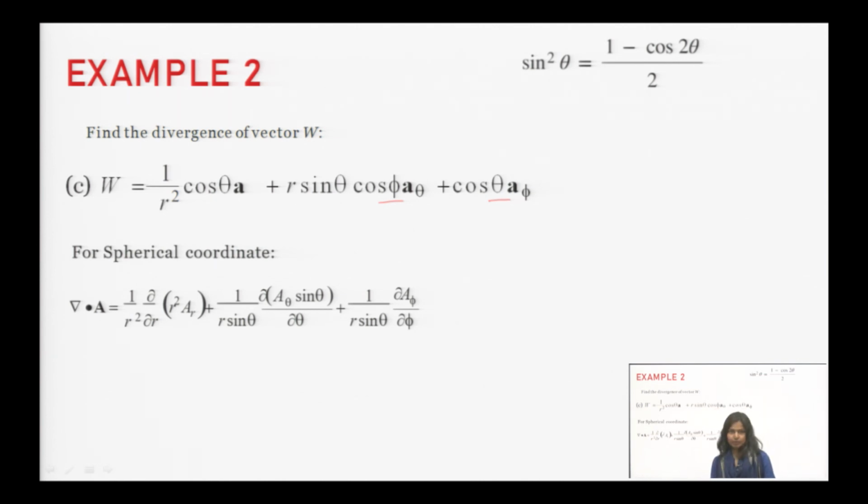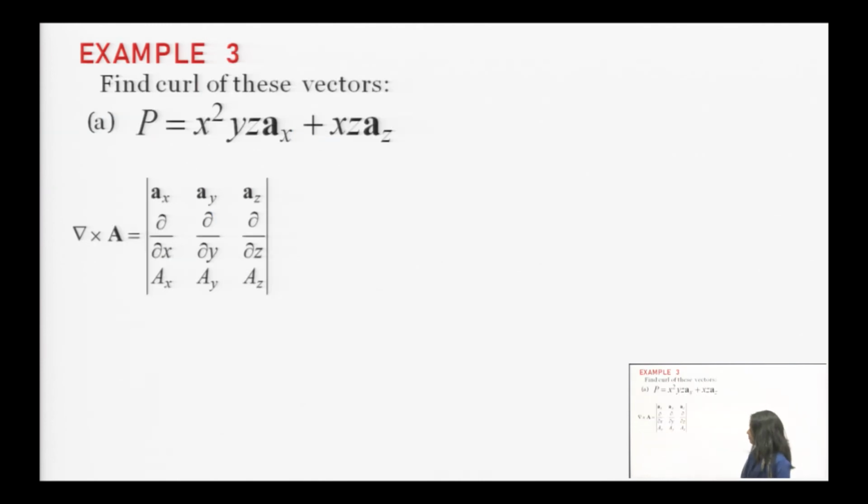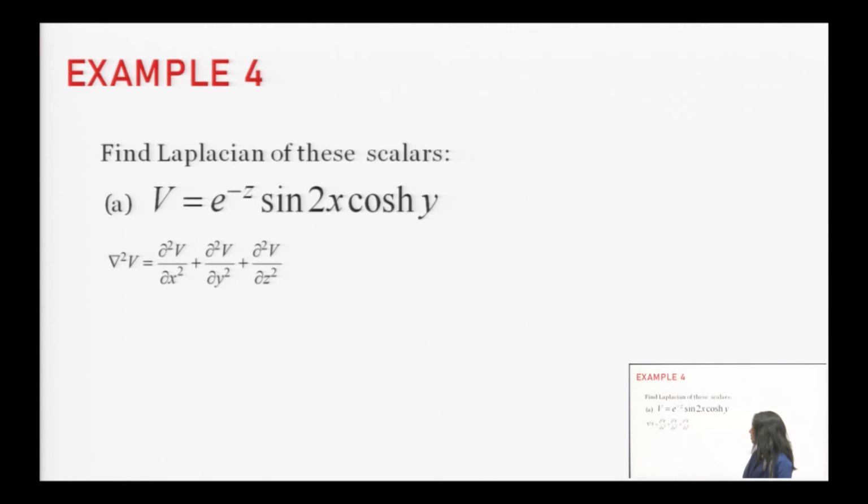So we need to apply this formula to solve such kind of problem. This one is just for practice, you can practice at your home. In the next class we will see Laplacian as well as the curl, and we will solve some problems on that also.